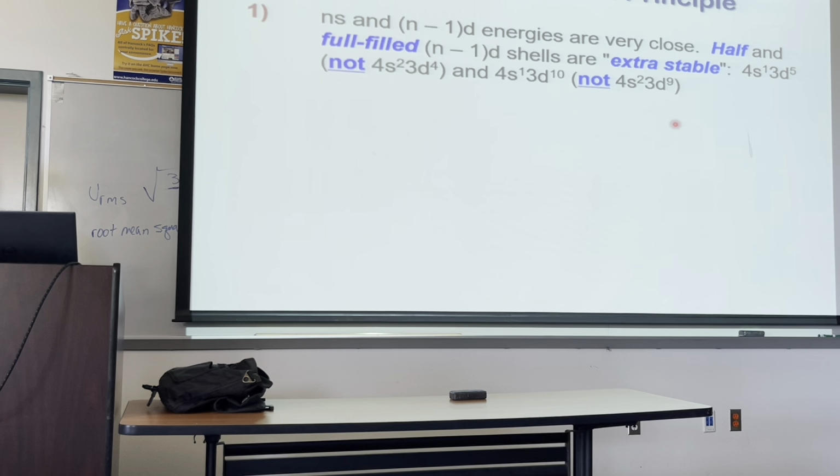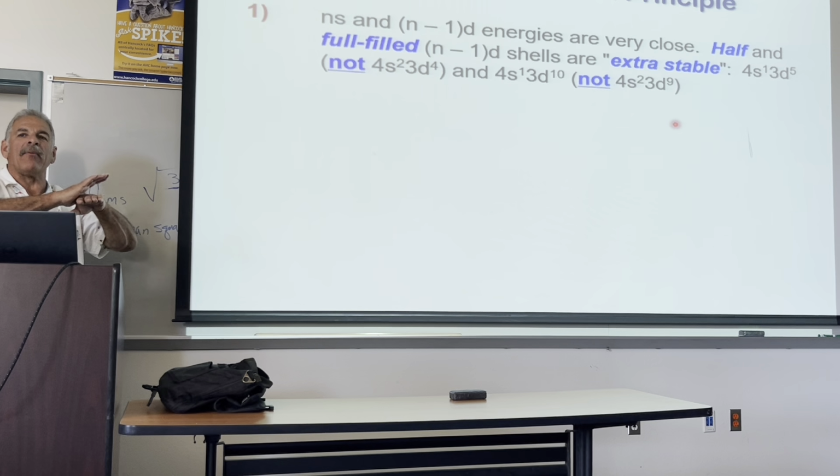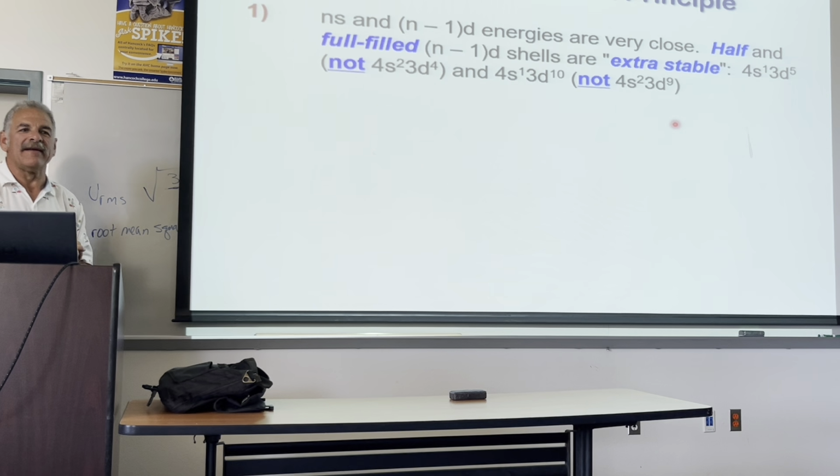Exceptions to Aufbau. Oh, I hate this part. But we're not testing on it, so it's okay. ns and (n-1)d energies are very close. Half and full-filled (n-1)d shells are extra stable. So 4s1, 3d5, not 4s2, 3d4. There's a stability of filling the degenerate orbitals over pairing up. Makes sense, right?